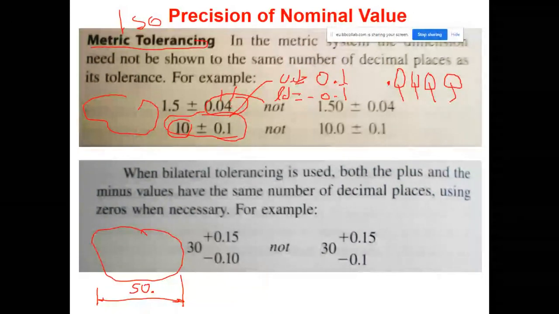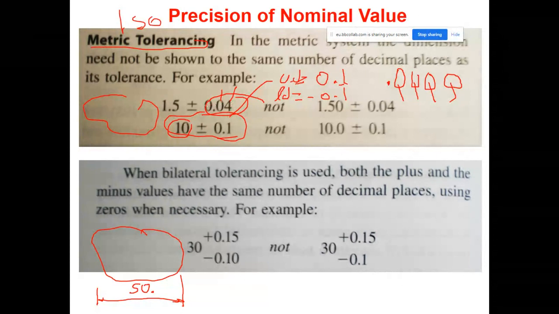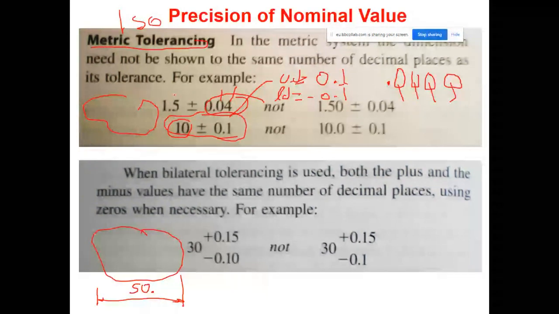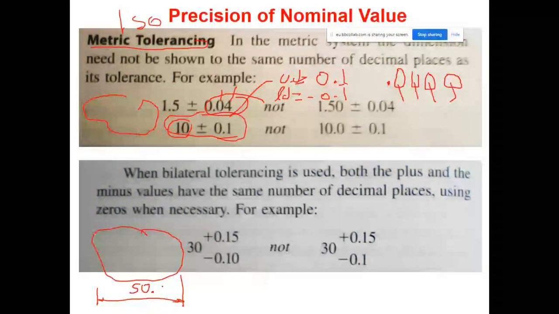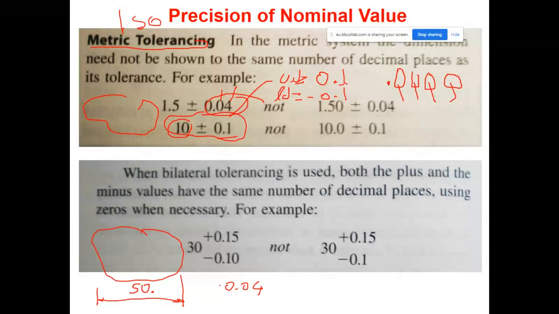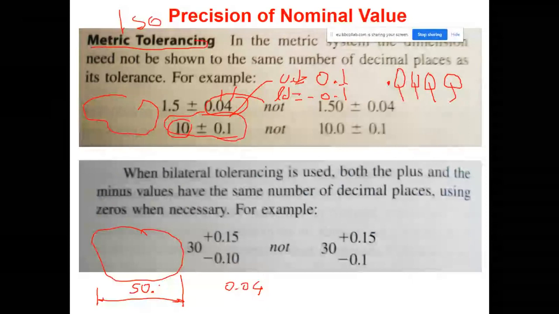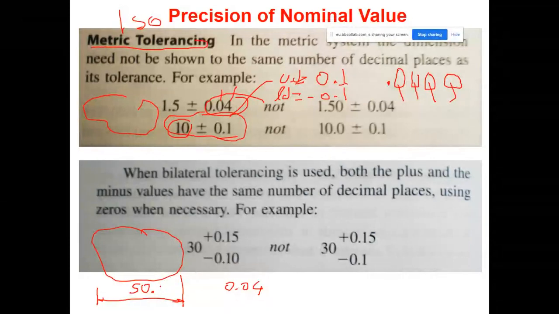Since the deviation starts from hundredths, then according to ISO, the nominal value must be shown with one figure at this decimal part. Say that in our example, the deviation is equal to 0.04. Since deviation starts from hundredths, then show this dimension with one figure at its decimal part.